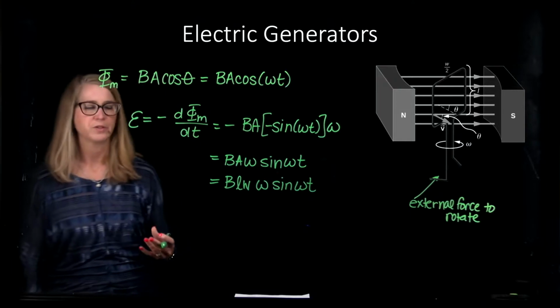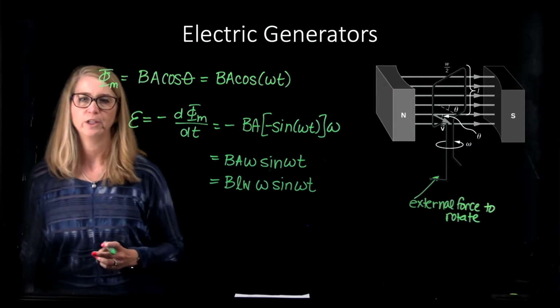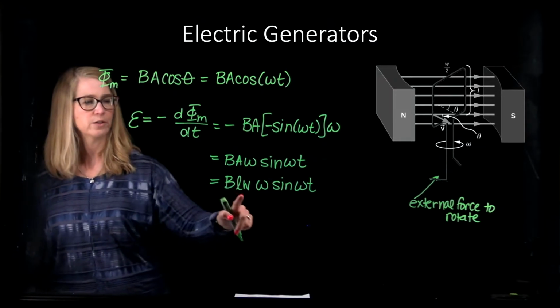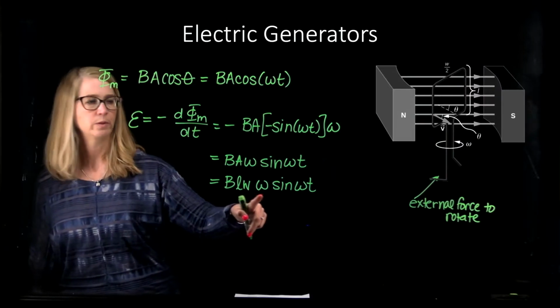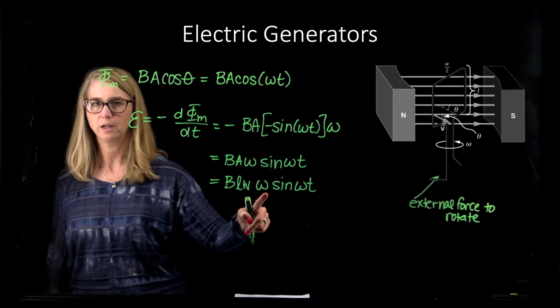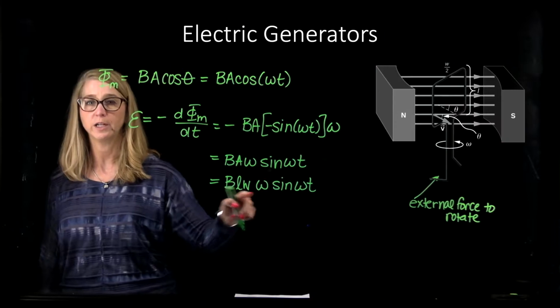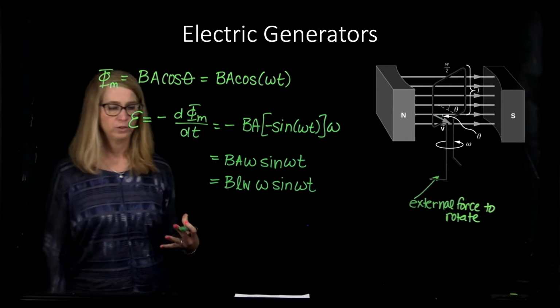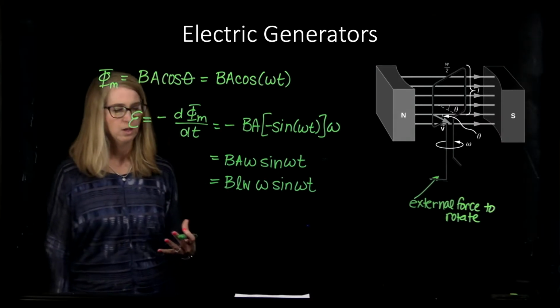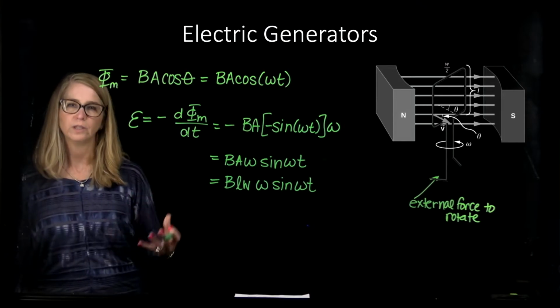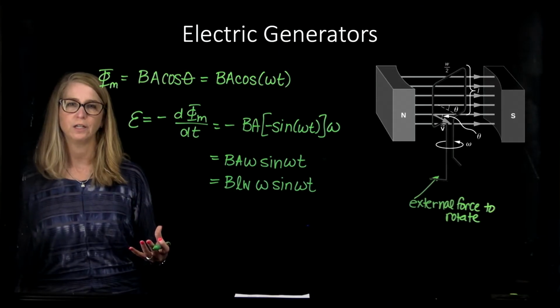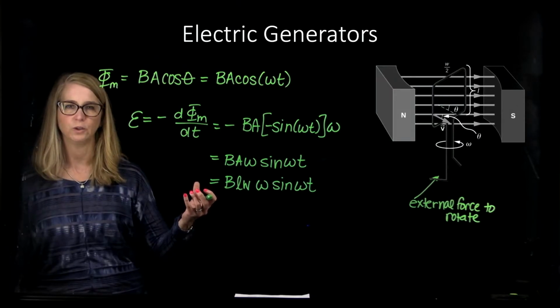It's an unfortunate mixing of omega and w's. Hopefully you can see that there's a definite difference. This is the width of the loop. This is the angular velocity of the loop, how fast it's rotating. But in any case, you can see that this is what the EMF is that's generated because of this rotating loop.